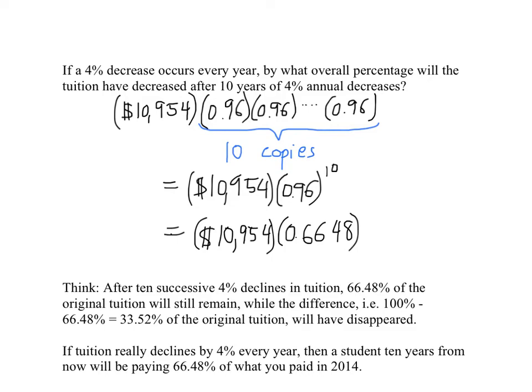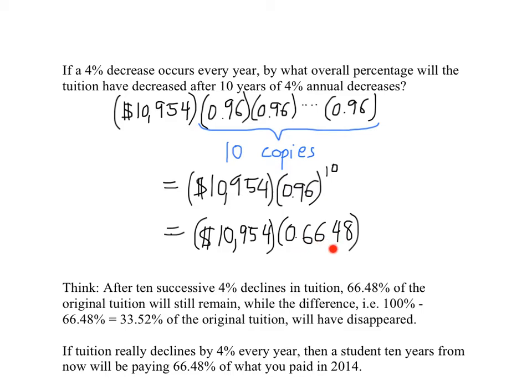Now to complete our solution, here's a subtle point. This 0.6648, this 66.48%, is not the answer to the original question. The original question is, by what overall percentage will the tuition have decreased? This is asking what percentage of the original tuition disappears. This 66.48% is what's left.